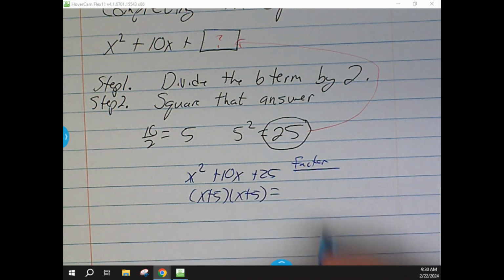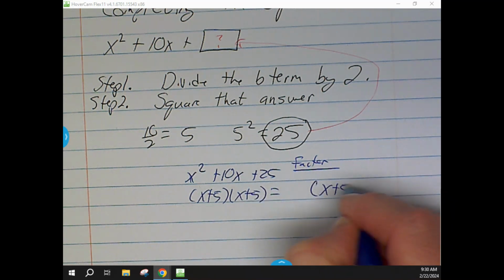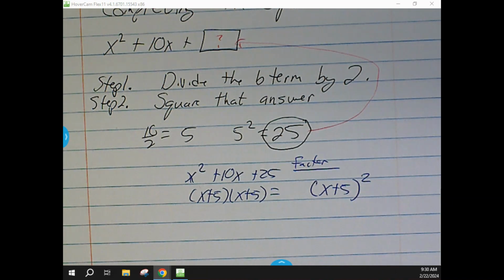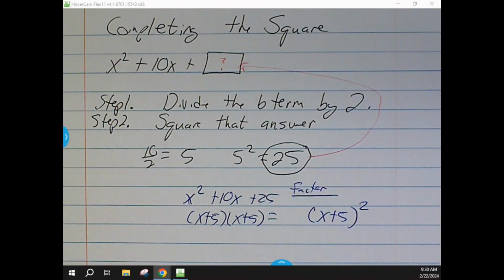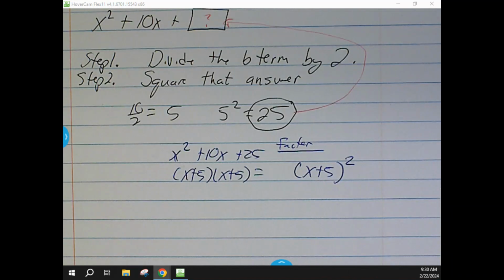If it shows up twice, we can write x plus 5 squared. So when I ask you to complete the square, we rewrite it in factored form, and we get something squared in the answer. Now, they would have you do some solution stuff for this one. We are not going to do that because it is a total pain that's not worth doing.